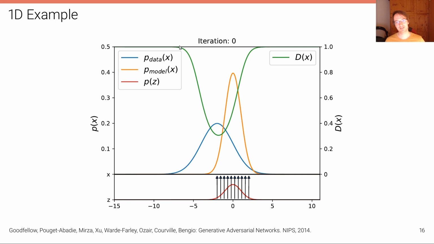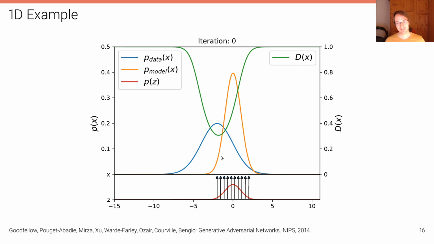We also see the discriminator values for each individual x here in green. On the right-hand side, we see the range of the discriminator function. On the left-hand side, we see the probability density values for this data and the model distribution, which are both Gaussian.